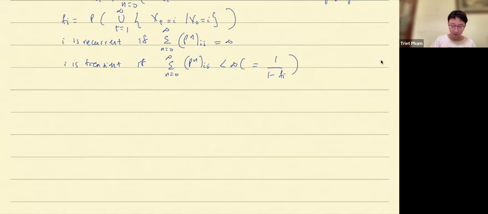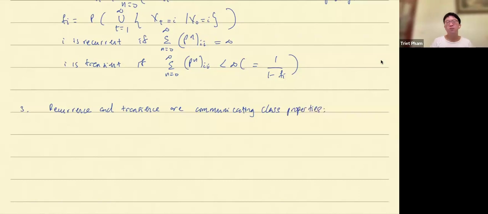Okay. So now the next point is that recurrence and transience are communicating class properties.